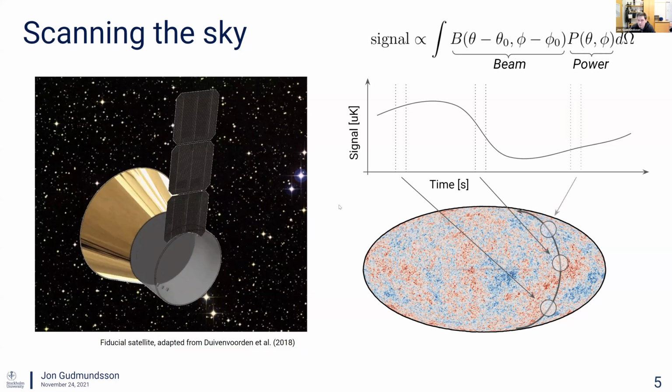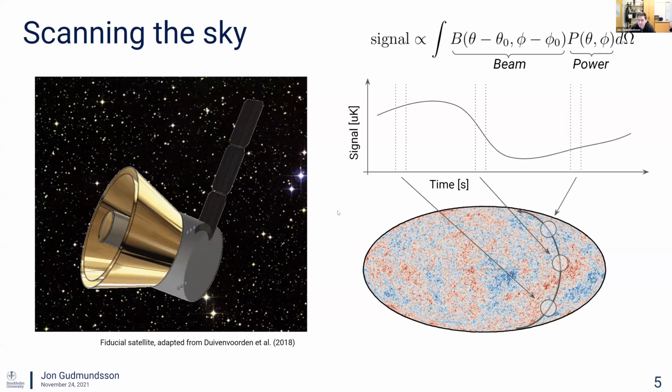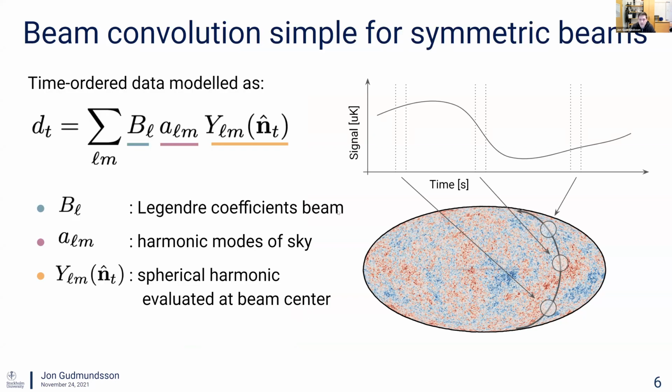So what that amounts to, to some extent, is the following equation. Our time-ordered data is a sum over spherical harmonic coefficients, where the 3 factors here are the beam response in the multipole domain, the spherical harmonic transform of the beam, the ALMs of the sky, and the spherical harmonic functions.